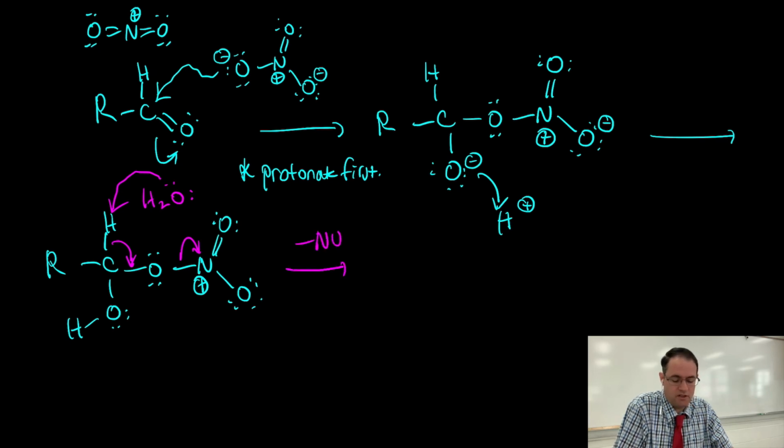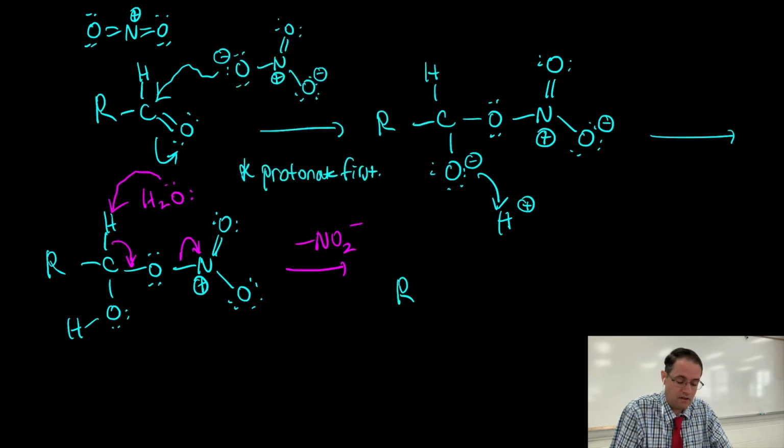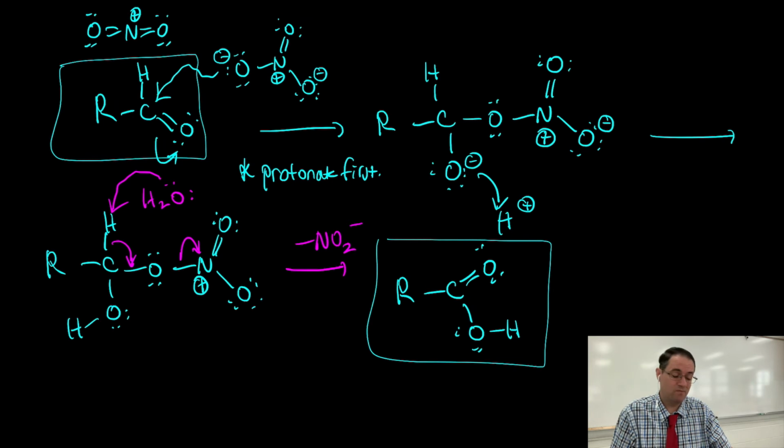And once again, you're going to lose nitrite ion, and that's going to give you directly the carboxylic acid. Okay, so we've taken the aldehyde and we've converted it to a carboxylic acid. Okay, so that's the advanced mechanism. In case you're curious, how exactly does nitric acid do that?